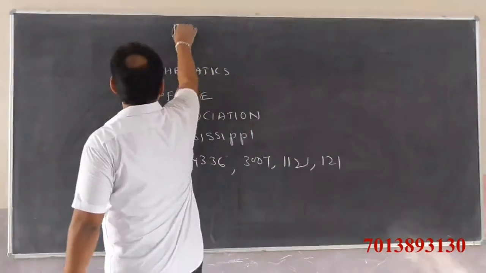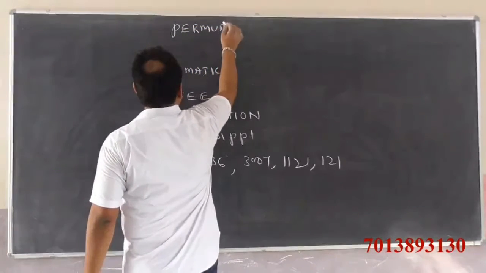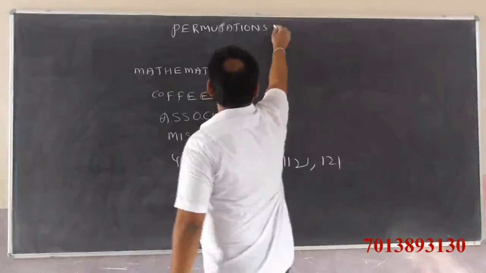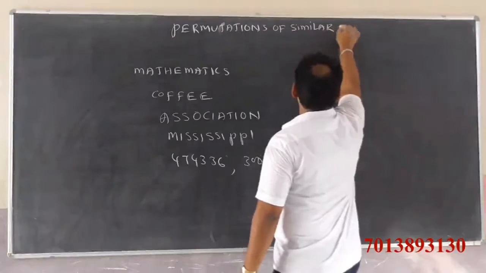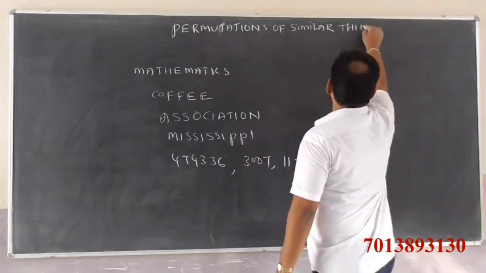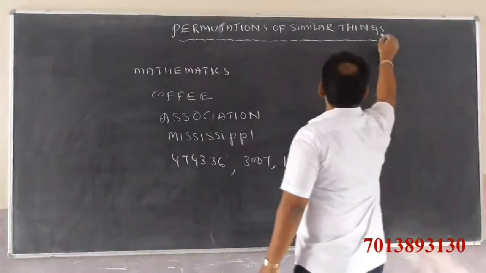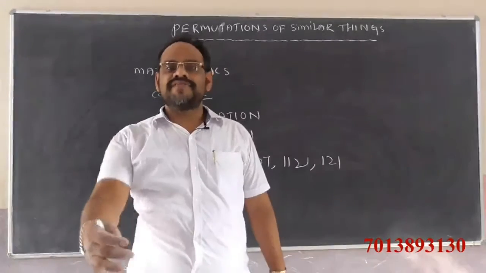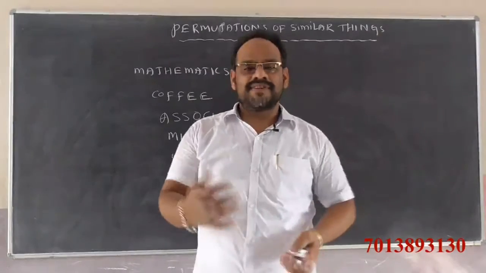In the previous video, we discussed permutations of n dissimilar things.